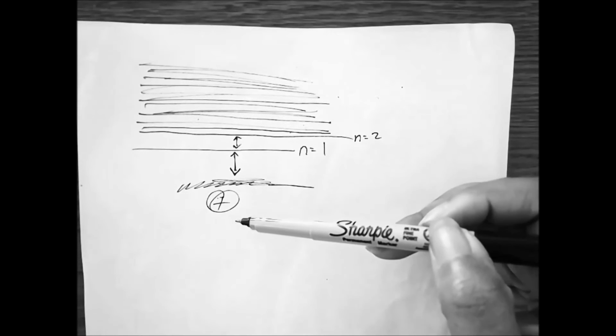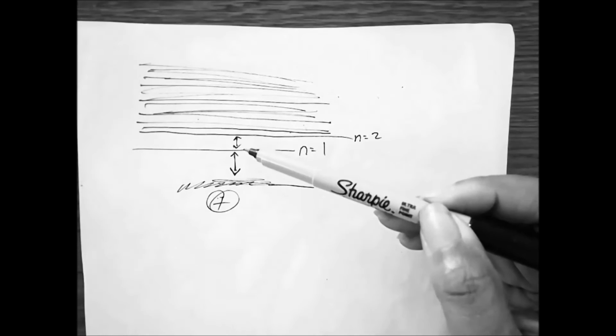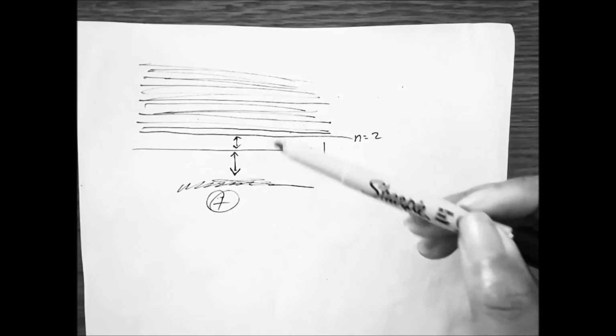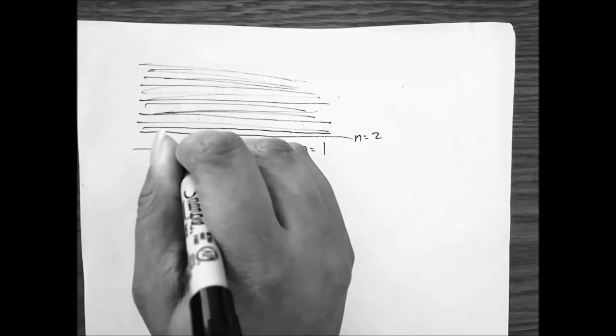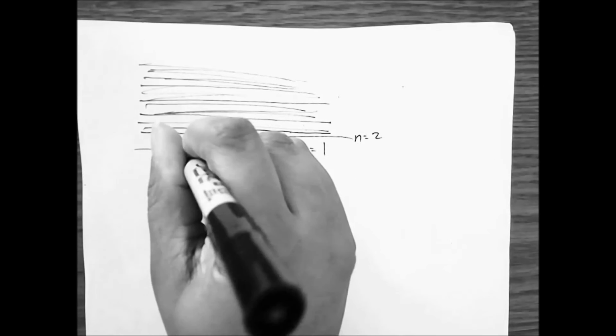I wonder why. Why is there so much space from the first ring to the nucleus, and then from the second ring to the first ring, and so on and so forth? If I am an electron, what type of charge do I have? Negative. I'm negative.